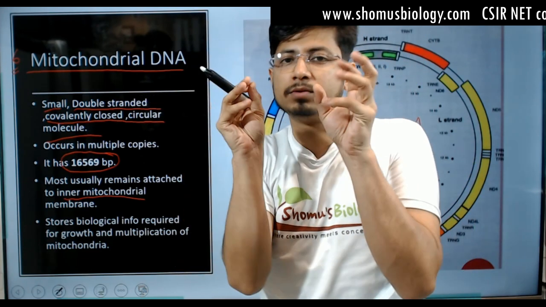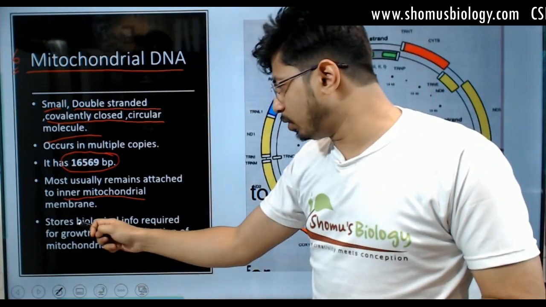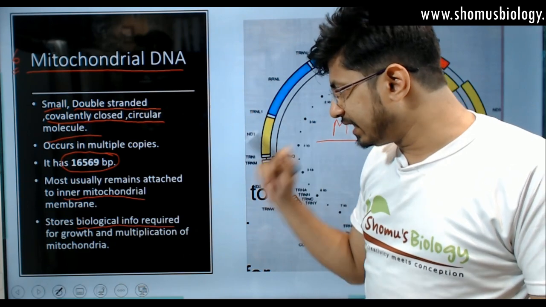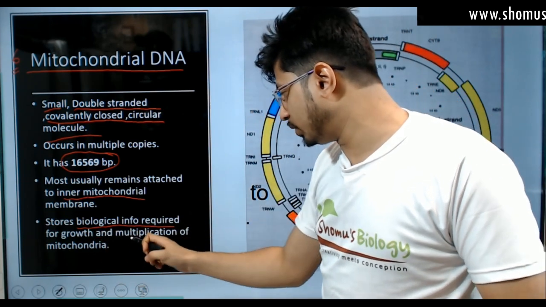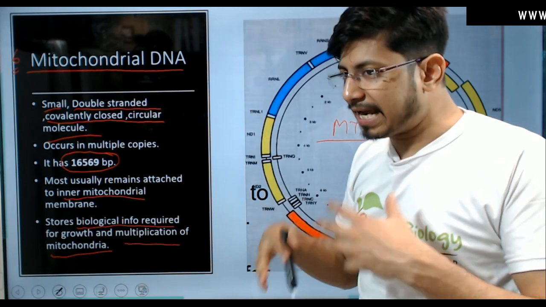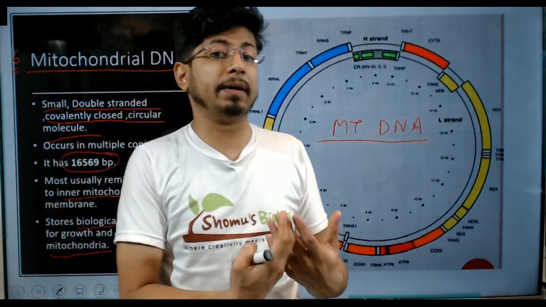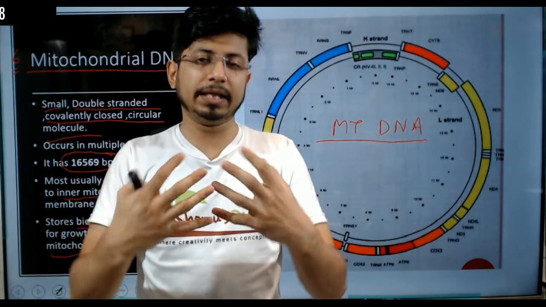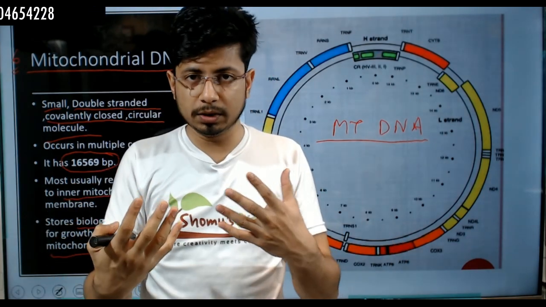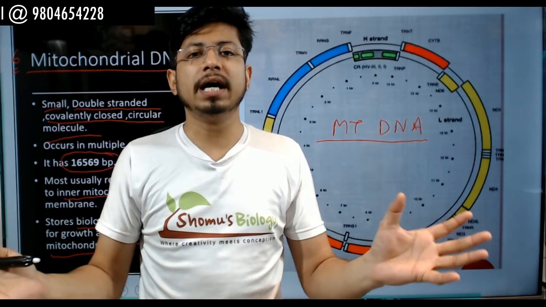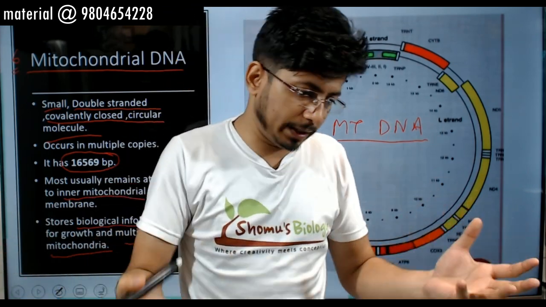They generally are attached to the inner mitochondrial membrane and store biological information required for the growth and multiplication of mitochondria. It helps in the production of certain genes and proteins that help the mitochondria to split. Okay, and the mitochondria can grow from 1 to 2 and can split from 1 to 2, and 2 mitochondria can also fuse to make bigger structures.